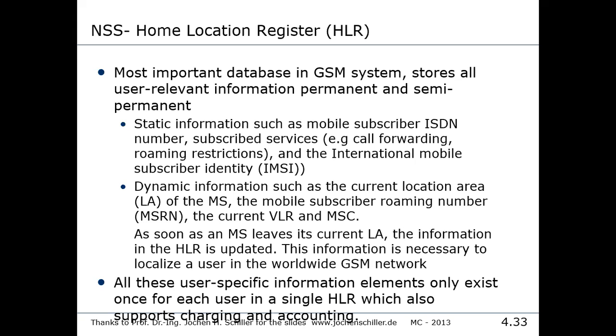As soon as the MS leaves its current location, the information in the HLR is updated. This information is required to localize a user within the GSM network. All this information is available only in the HLR, which supports charging also.